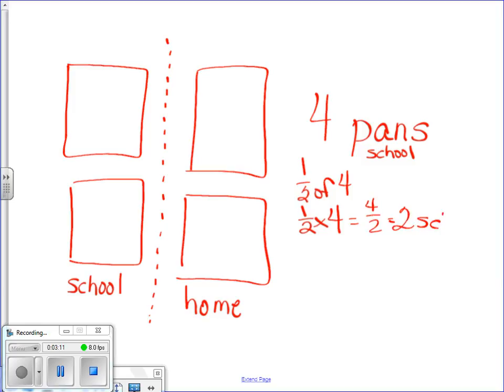So 2 pans came to school. Since these stayed home, we're not worried about these anymore. So now 2 pans of brownies came to school. Okay?